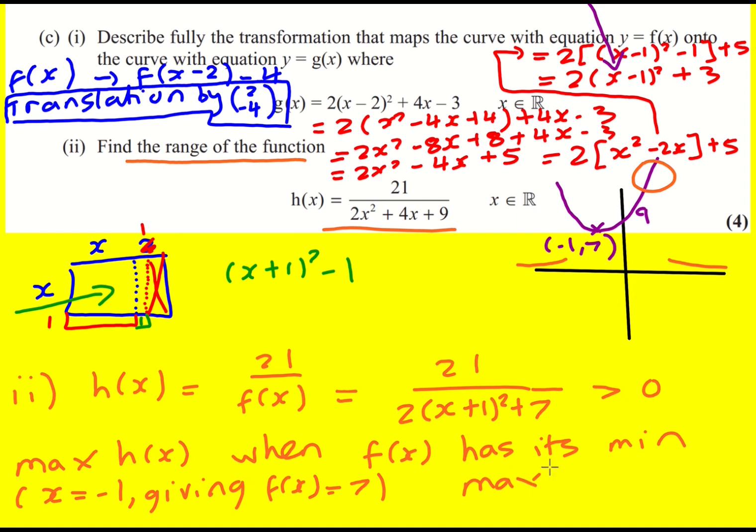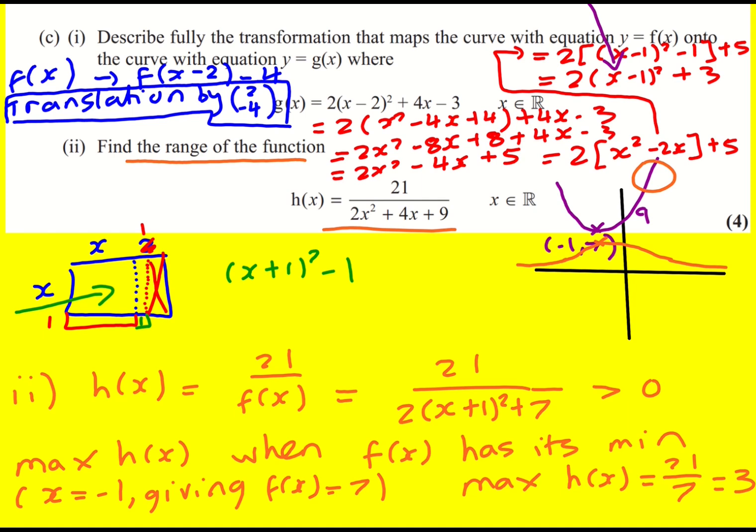So max h of x is going to be 21 over 7. That was the minimum value of the quadratic, so the maximum value of h of x is actually 3. And it's going to end up peaking there. It will be symmetrical. I haven't quite drawn it symmetrical, but that is roughly what my h of x would look like.